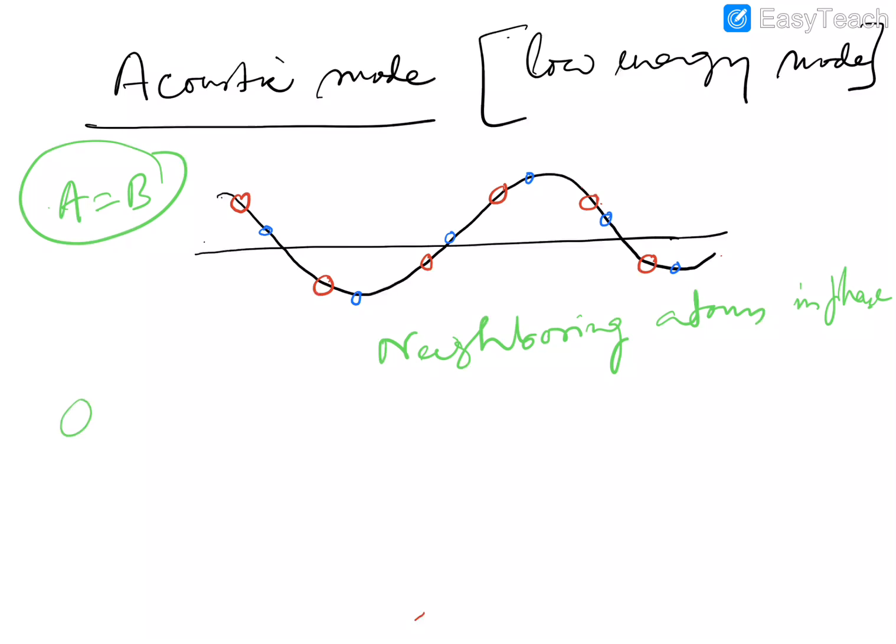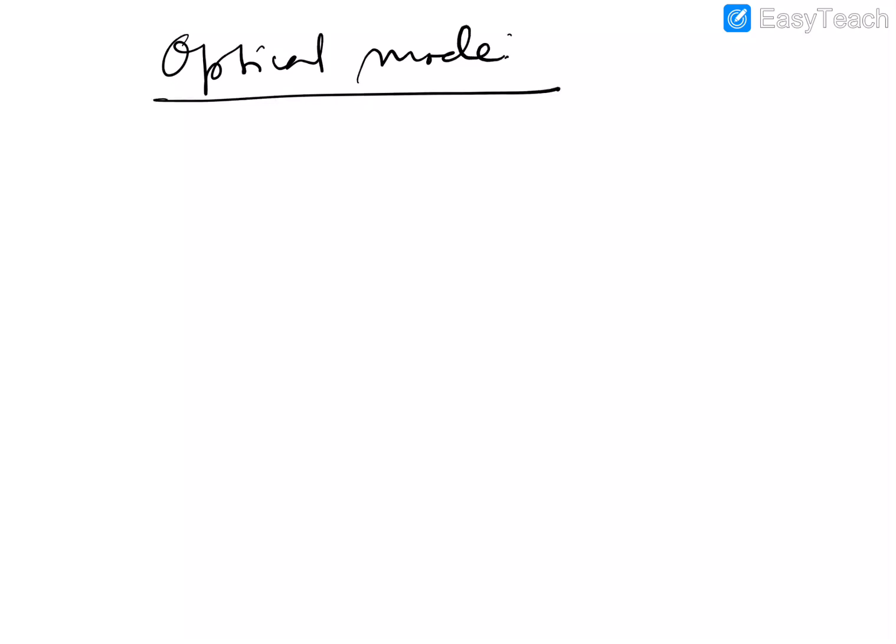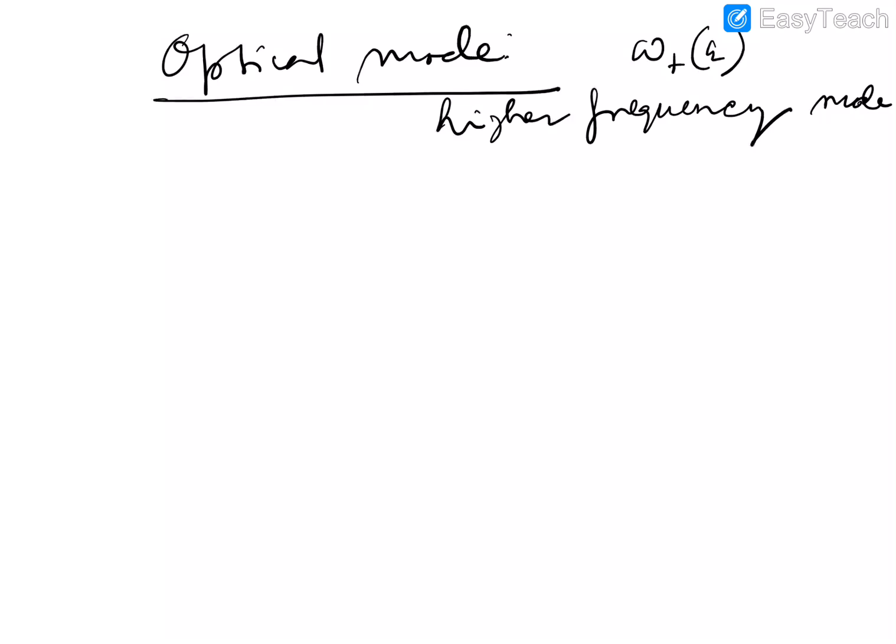And whereas for optical modes, let me draw it to the other side. Optical mode, that means omega plus of q, which is the higher frequency mode.